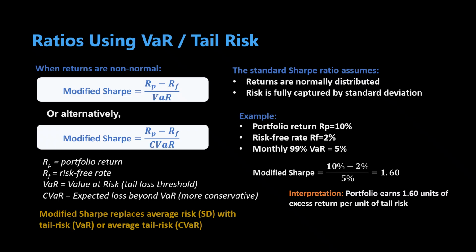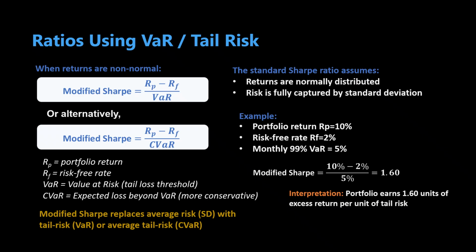Returns exhibit fat tails, negative skewness, and extreme events that standard deviation simply cannot capture. For these situations, we use tail risk-adjusted performance measures. The modified Sharpe ratio replaces standard deviation with value at risk, or alternatively with CVaR, the conditional value at risk, also known as expected shortfall.